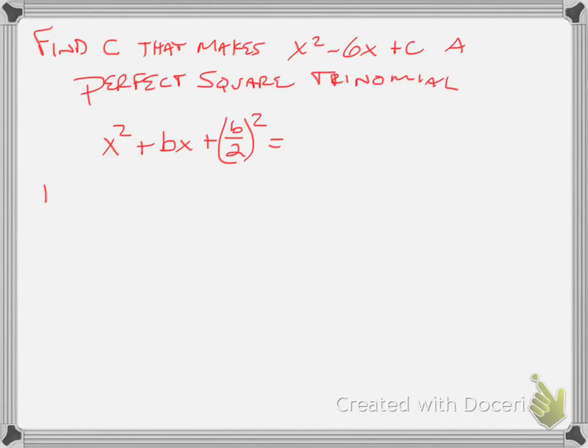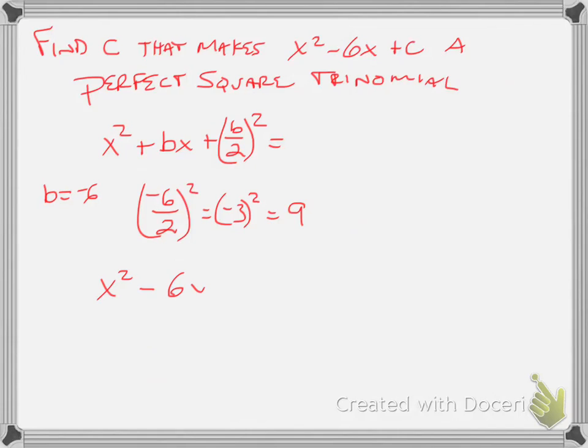So I'm going to take my b. b is -6. -6 divided by 2 is equal to -3, and then -3 squared is equal to 9. So what that means is x squared minus 6x plus 9 will become a perfect square trinomial.